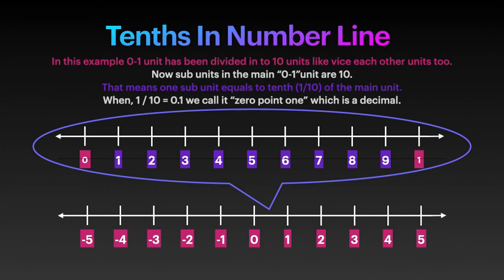Why have we divided into 10 units? Why not 5 units, 11 units, 20 units or even 17 units? It is because the Indian and Middle East number system is based on the number 10. In another perspective, there are only 10 digits in our number system. We call this the base 10 number system.